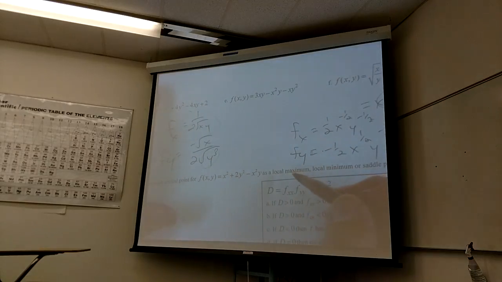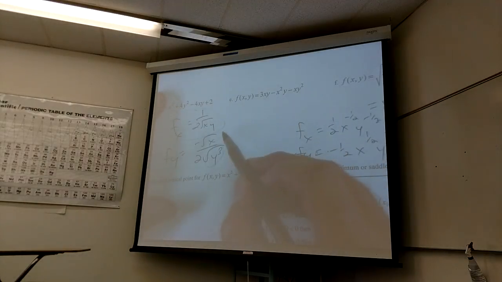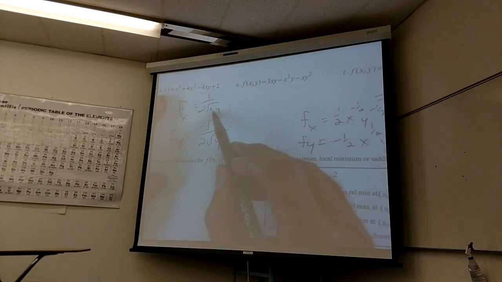Yeah, but where is this undefined? On the bottom. Yes. So y equals 0 makes this undefined, but y equals 0 is not in my domain. X equals 0 makes that one undefined, but it doesn't make this one undefined.